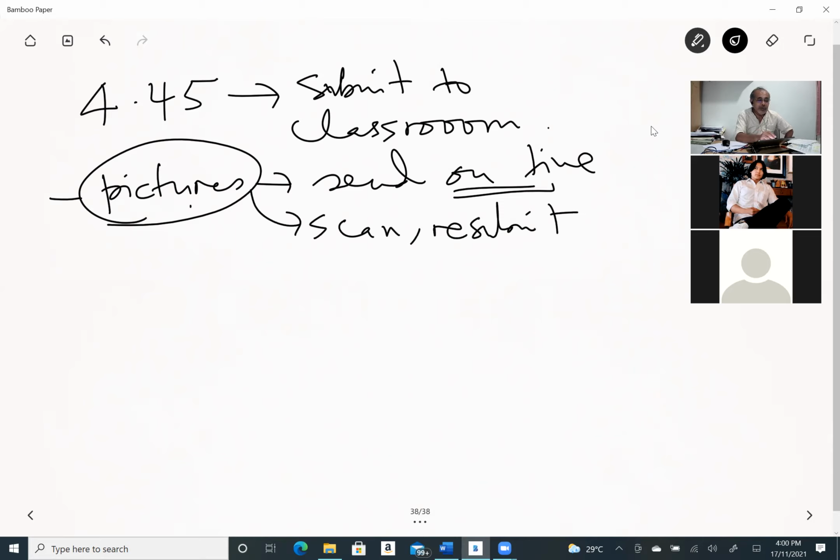These pictures are just to record that you submitted, and then you resubmit the same thing. The most important thing is to submit on time. If you cannot send to classroom, WhatsApp first. I think that is the most important announcement that I have to make.